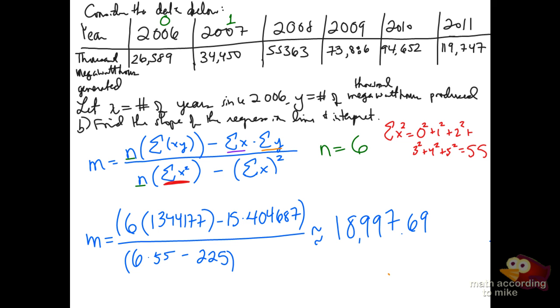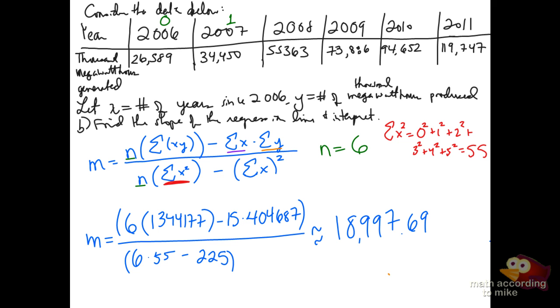But let's interpret this real quick. Anytime you interpret a slope, it's always y per x. Our y is in 1,000 megawatt hours produced. Our x is years. So to interpret this, you get to write a sentence, because it's a privilege. The number of megawatt hours produced is increasing by, how do we know it's increasing? It's positive.